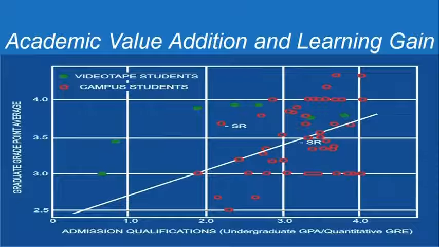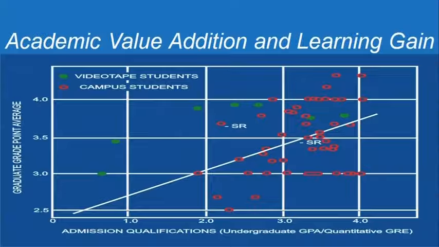When the students graduated at the end of the semester, because this was a computer science course, an MS in computer science course, this is the undergraduate GPA, and this is the postgraduate GPA. That means after they have completed the course, what did they get in this particular subject?